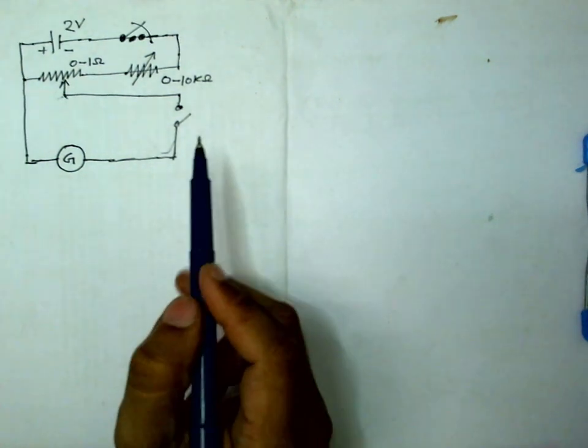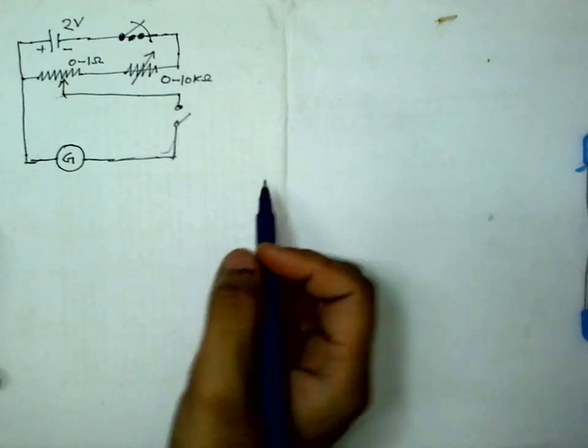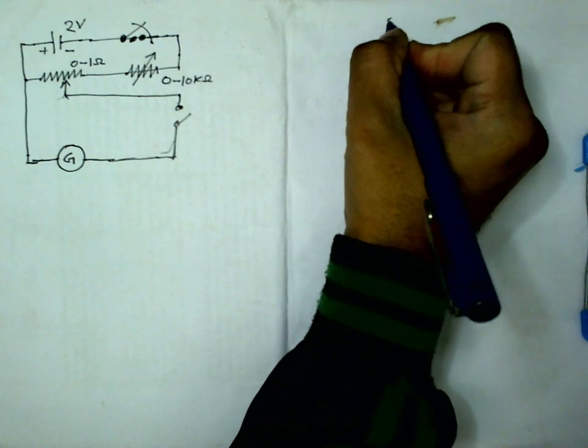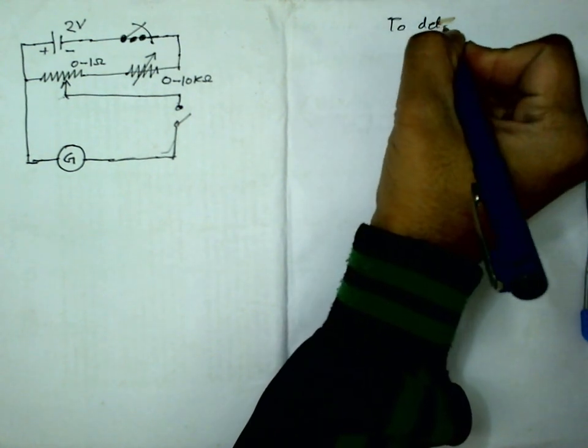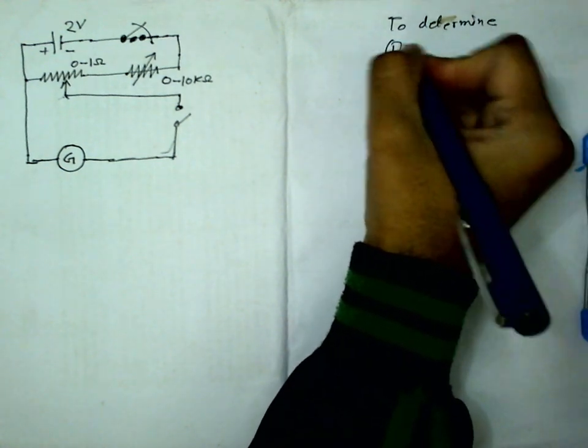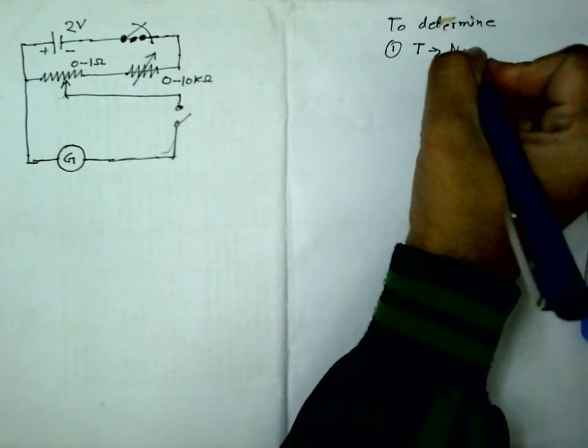Okay, so now what are the things that I have to determine? Let me first write the things that I want to determine. One is T, the natural time period.